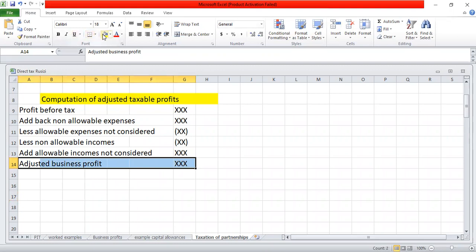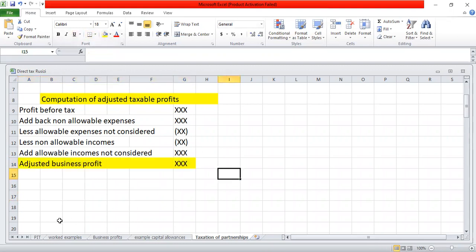Now, once you have the adjusted business profit, you less your capital allowance, which you have seen how to compute. You can also less any loss brought forward.